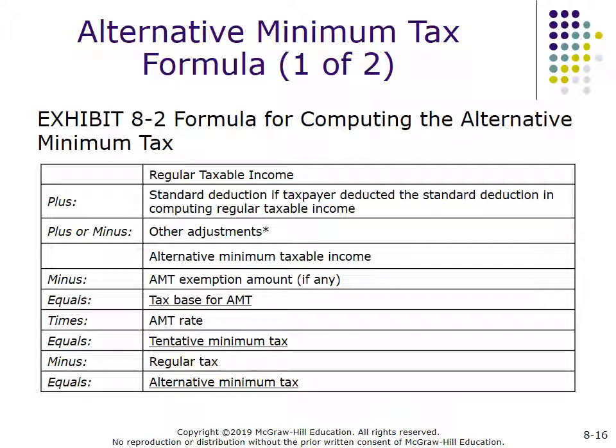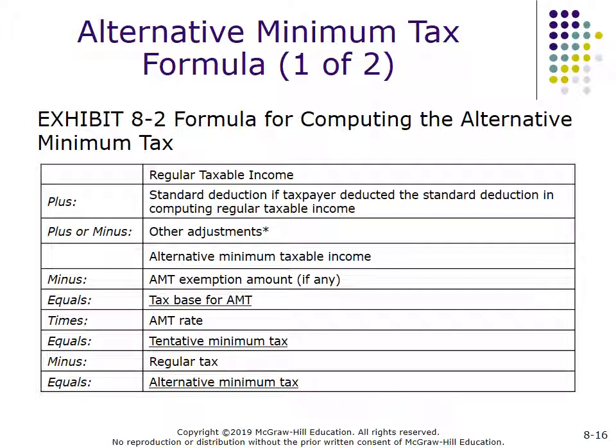Some other possible types of adjustments are if you have tax exempt interest from special private activity bonds, and that would be noted on the 1099 INT, you would need to add that in. It's normally non-taxable for regular tax purposes, but for alternative minimum tax, it's taxable.